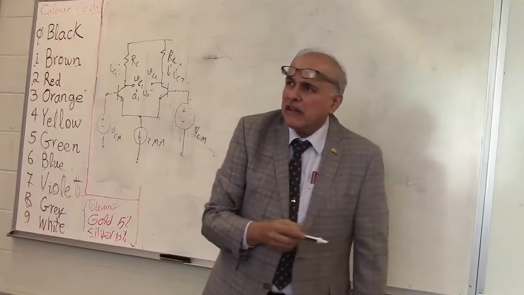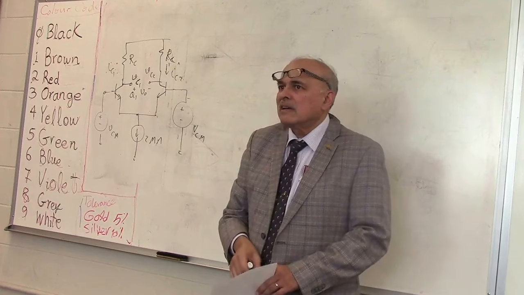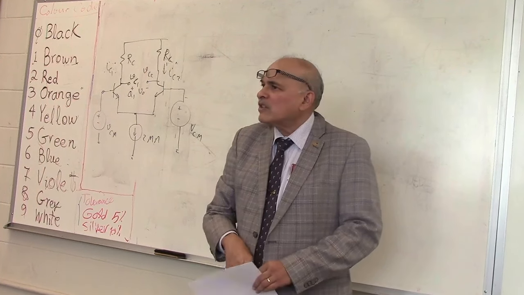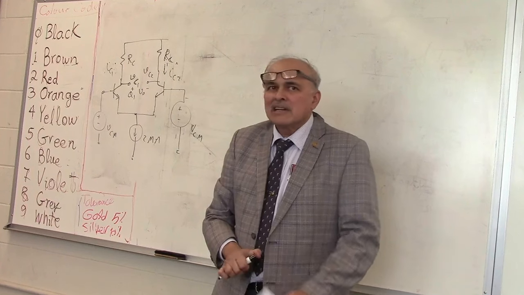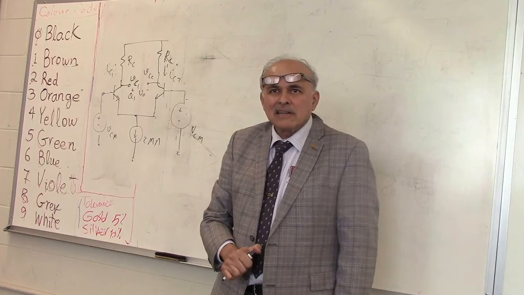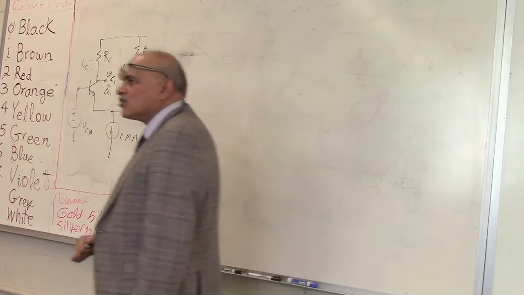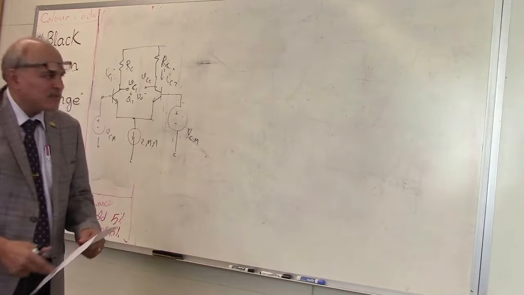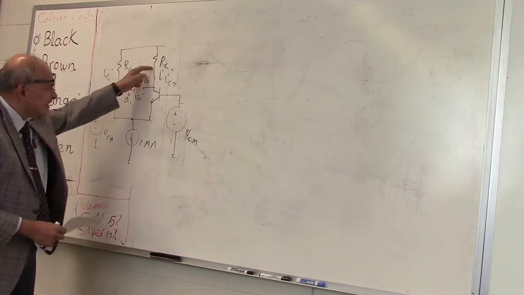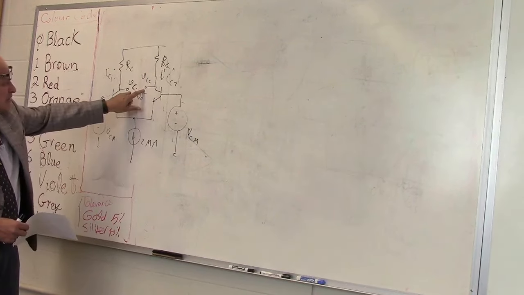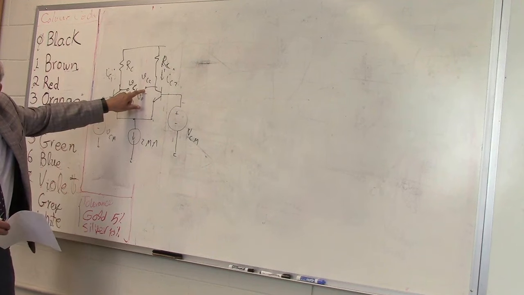What's your gut feeling? It should be. Yeah. Why is it your gut feeling? Everything is the same on both sides. So by symmetry, one would expect that these are the same. And therefore, what is the difference between VC1 minus VC2?